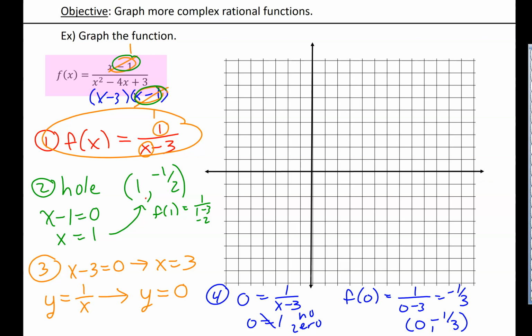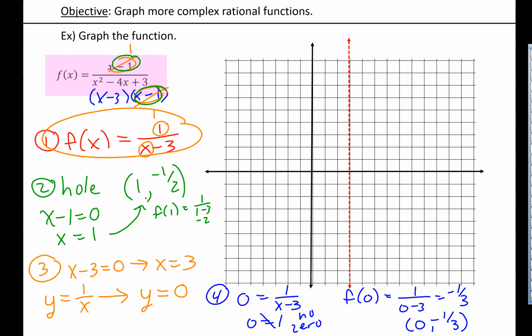And then I'm going to draw a dashed line at x equals 3 for that asymptote. And then you can draw a dashed line at y equals 0, which is your x-axis, for that asymptote, or not. That's optional because your axis can act as your asymptote. We just have to draw the curve correctly.